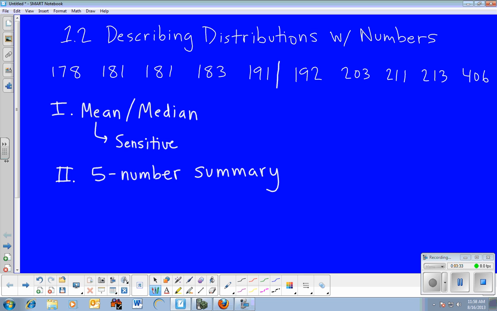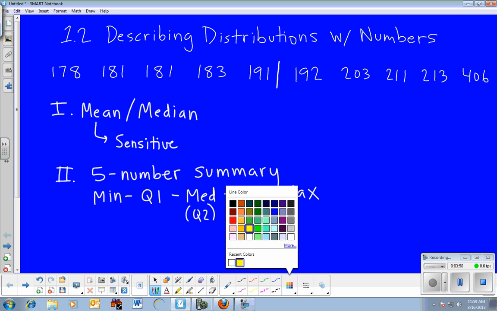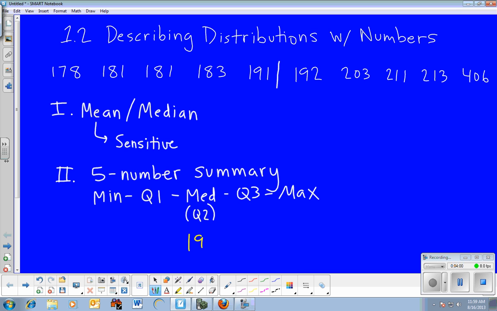The 5-number summary is made up of the minimum, the first quartile, the second quartile or the median, the third quartile, and the max. All right, so these 5 numbers just give us an idea of how spread out our list of data is. The median we've already established for this set of data is 191.5.